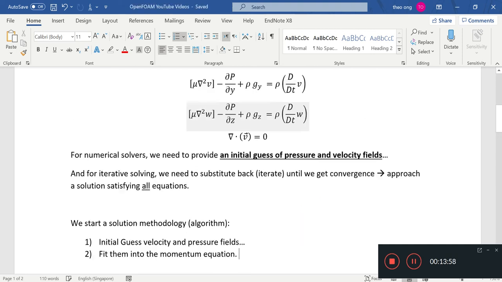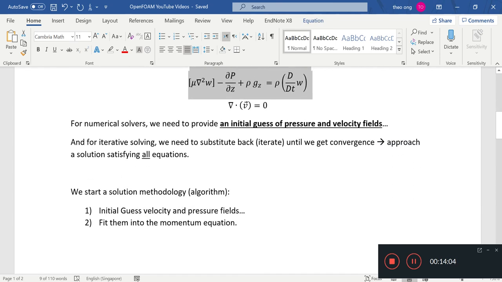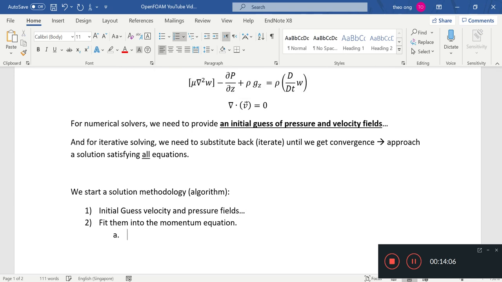So we fit them into this equation. And what is the goal of doing that? The goal is to get a velocity field satisfying the momentum equation.